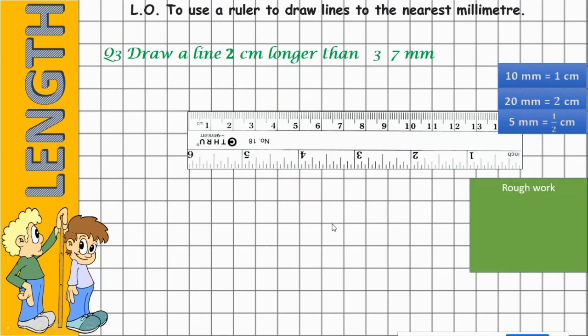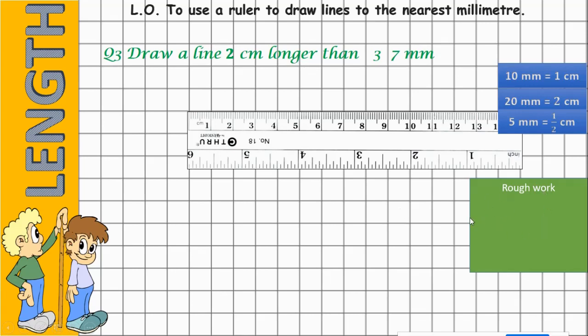So let's do a little rough work. We will add this 37 millimeters and 2 centimeters so that we get the measurement of the new line. Now, why are we adding and not subtracting? Yes, because the line is longer and not shorter, right?